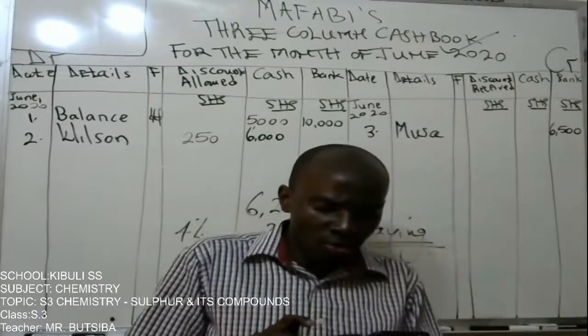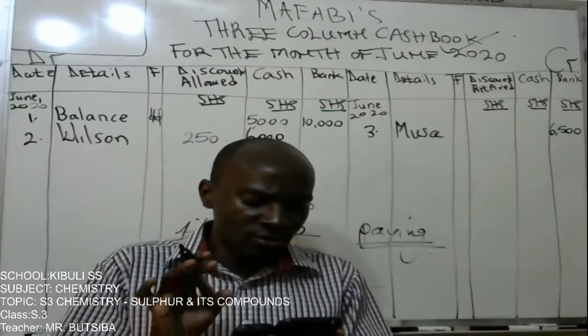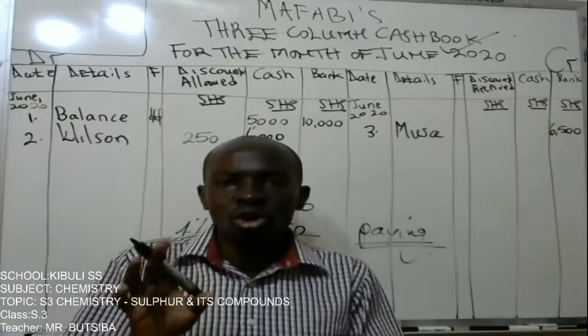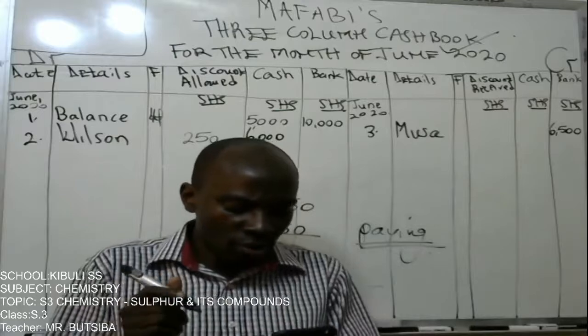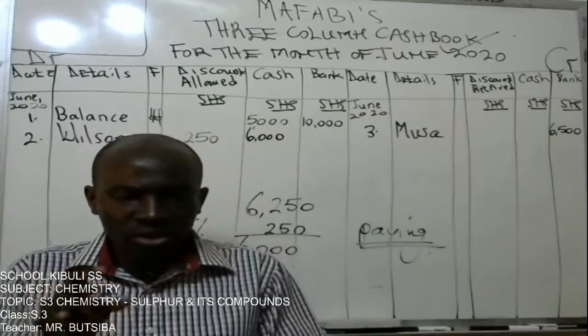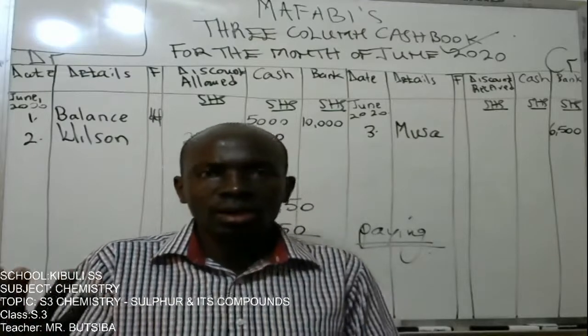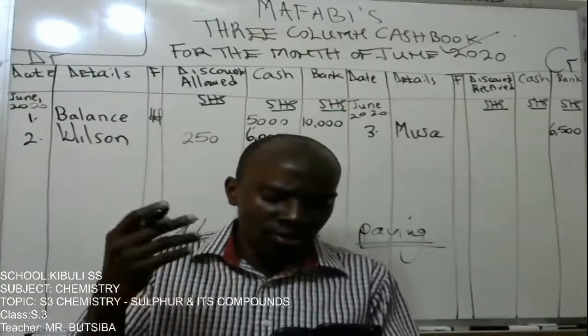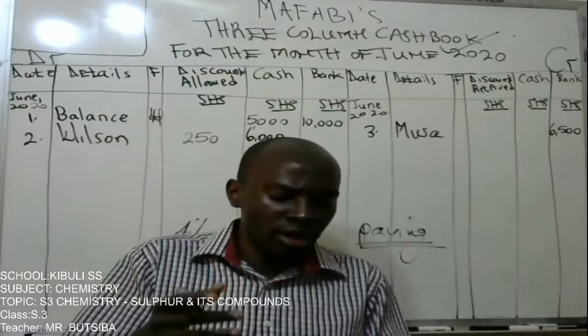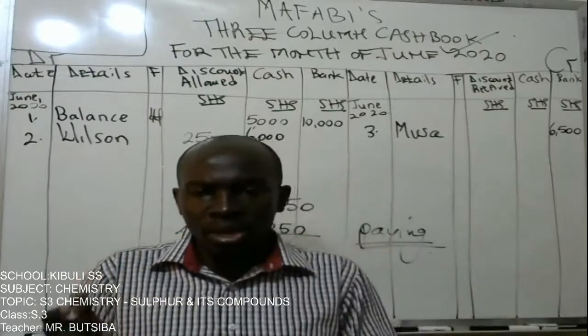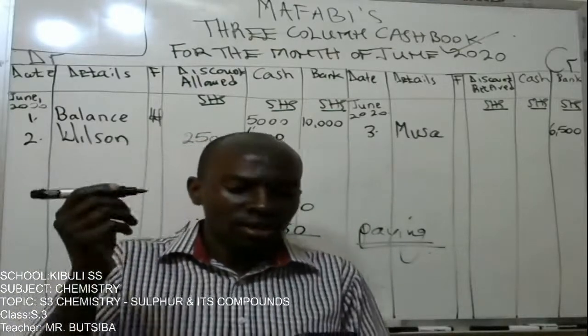Okay, so we move on, we look at another transaction which says on 4th, that is June 4th, paid rent in cash. Shillings 6,750.